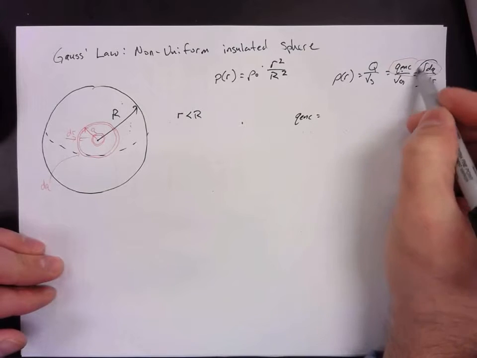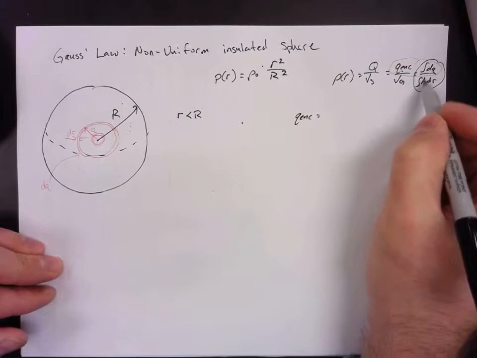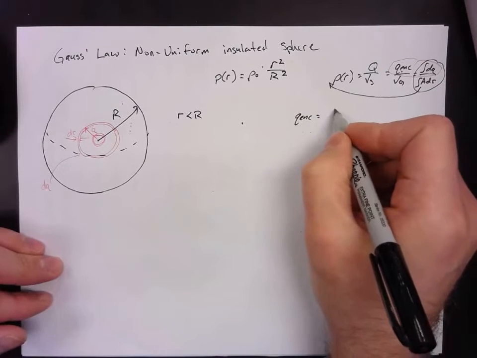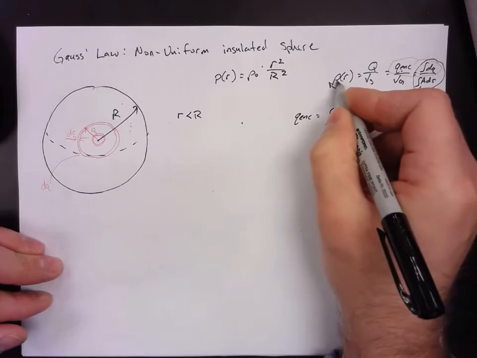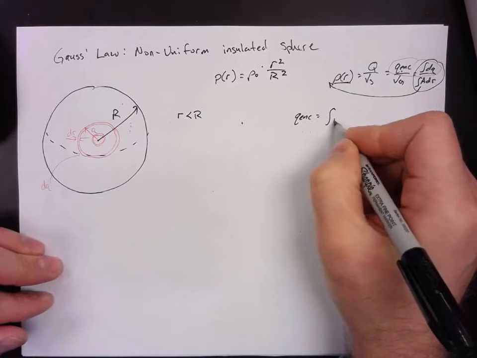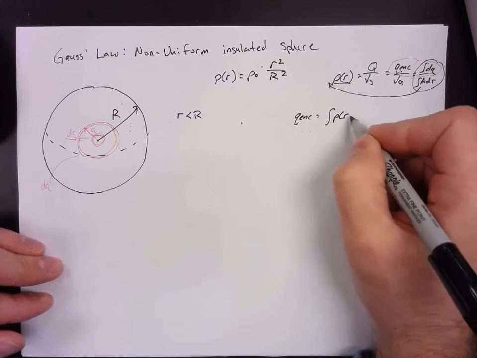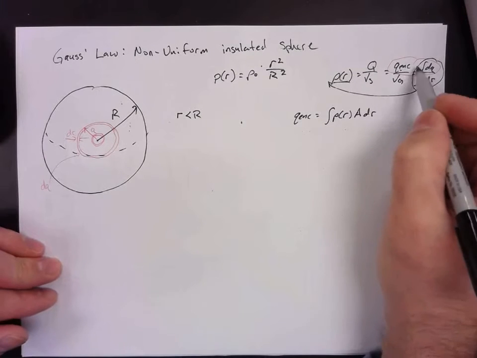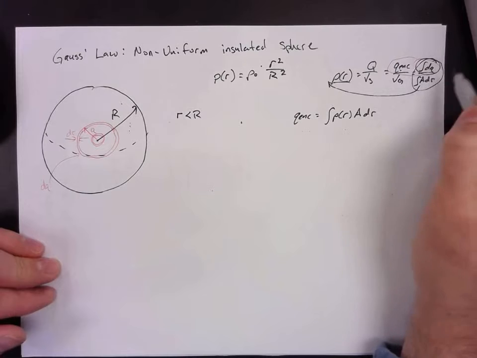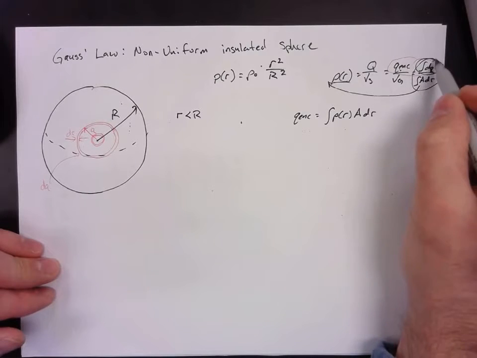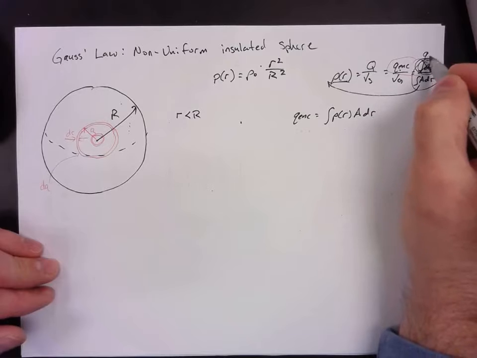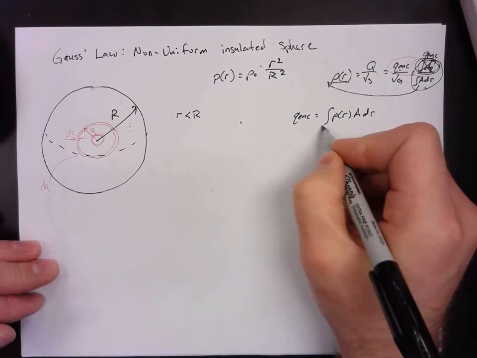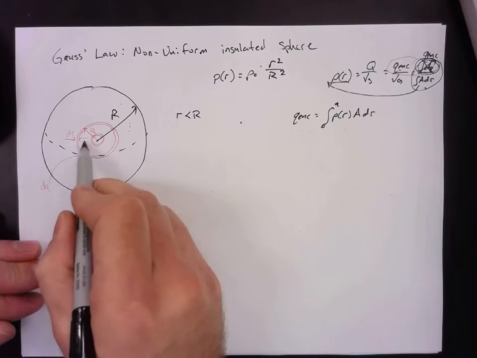So I'm going to look at this side, and if I move that over, I'm going to have the integral of the function of the density times the area times dr. And that's going to find the total charge enclosed, or the sum of all the little dq's. So think about it this way: this is charge enclosed. Manipulate it for the charge enclosed, we get that, and we're going to integrate this from the center out to a.